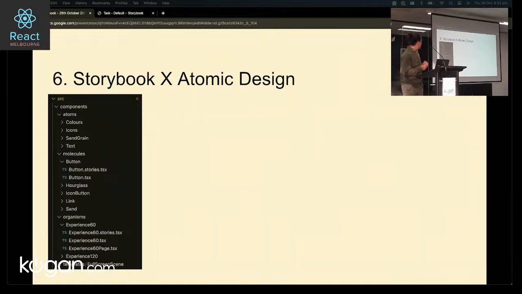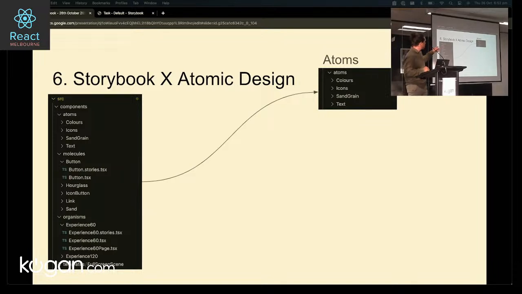What this might look like with Storybook is we have our atoms, our molecules, our organisms, each with our React component, each with its story file. So our atoms in this case might be our colors, icons, our sand grain, which I'll touch on in a second, and our text.